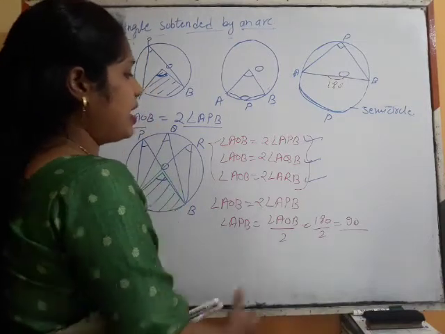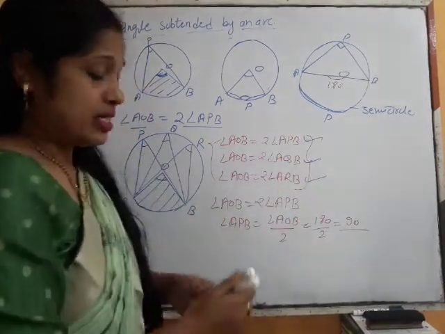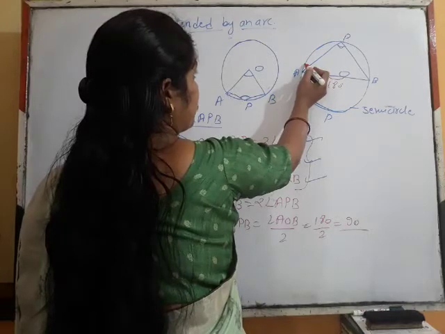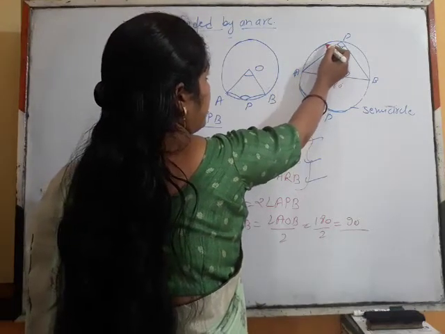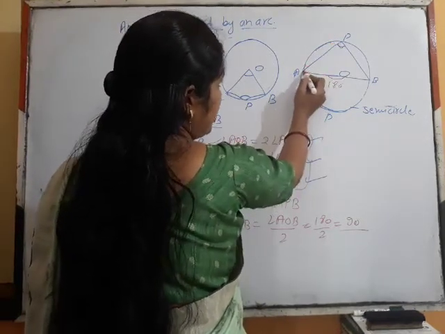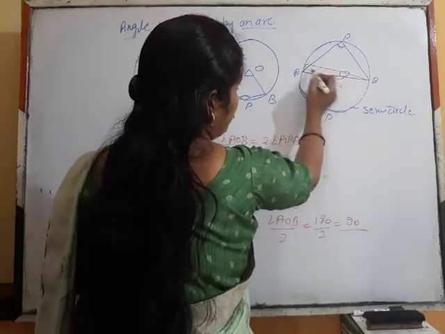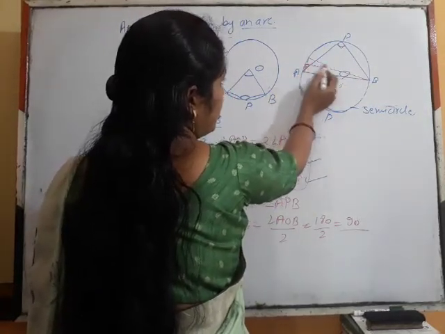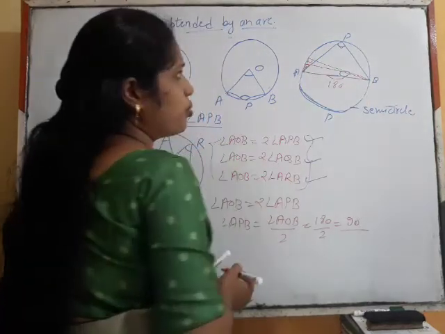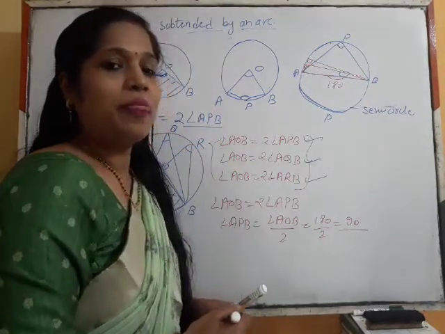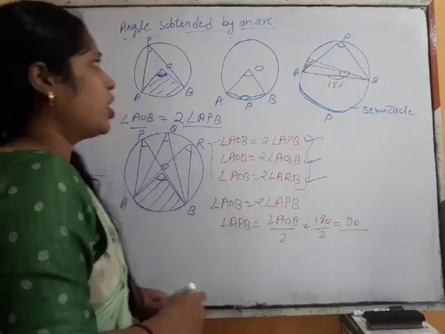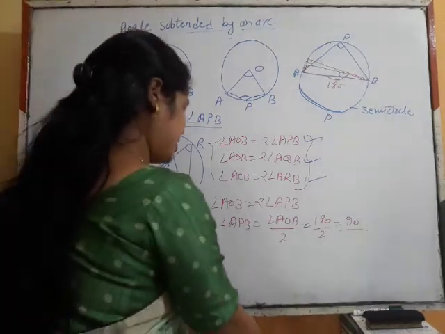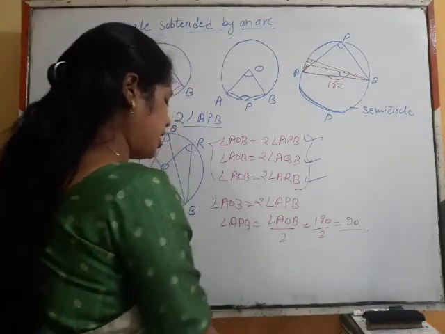Students, if I take a point here, here, anywhere, and join this point to A and to B, this will also be a right angle. If this point is joined here and here, this angle will also be a right angle. Interesting? Now the next theorem, 10.10.